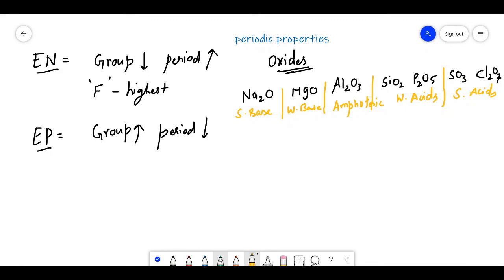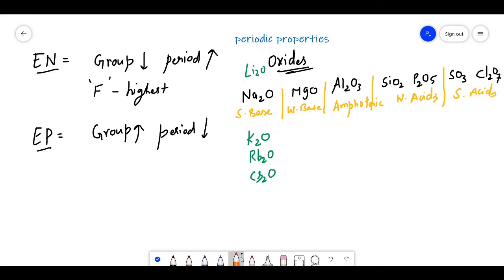So if you take a particular group, I am taking the oxide Na2O, K2O, and above this we have Li2O: lithium, sodium, potassium, and then we have Rb2O, and then we have Cs2O, cesium oxide.